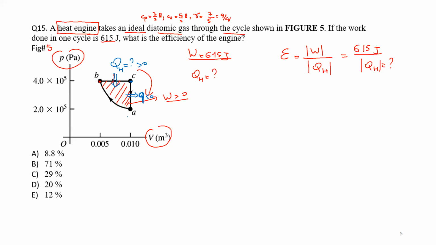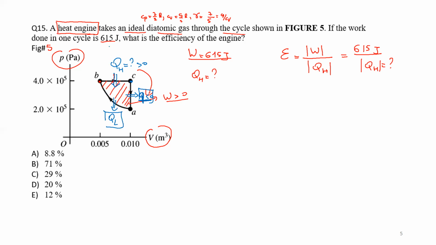And finally, from A to B, what do you think? Might be an adiabatic compression. So heat is released as well, QL. Good, but I did not ask you about this q and this QL. All I'm asking is, what is QH?